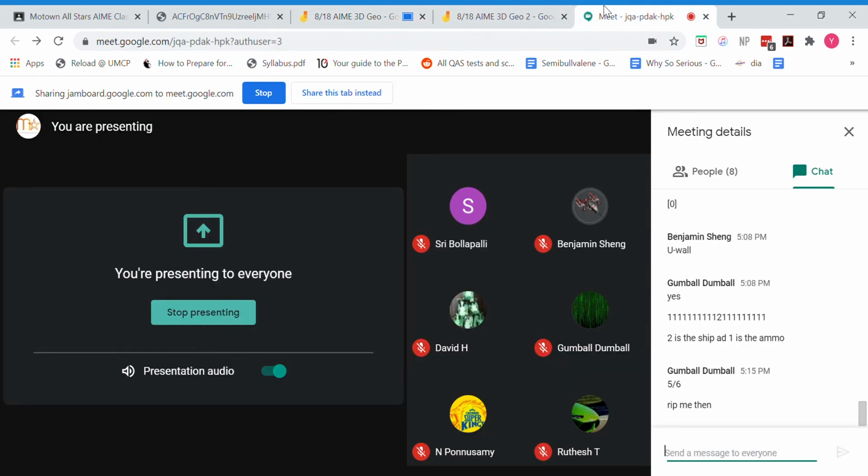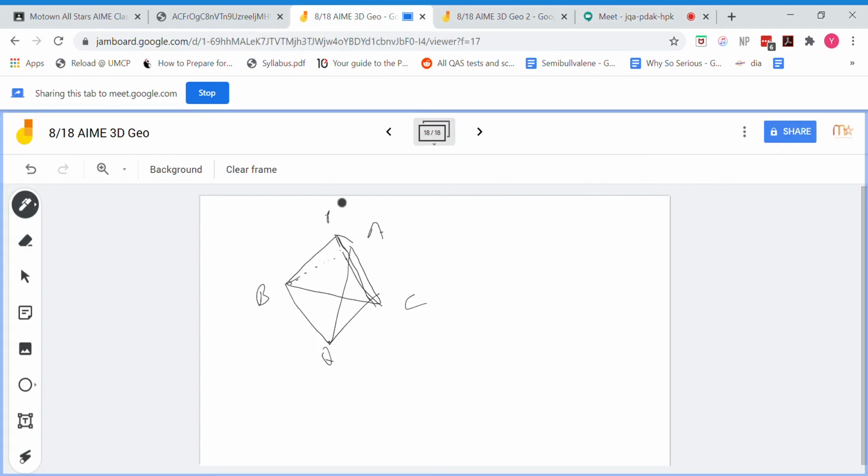So anyways, we have P, and if we drop the altitude from P, ABC is an equilateral triangle, right? So it has a centroid, and so obviously dropping the altitude from P is going to land right on the centroid. It should be landing right in the center of the triangle. And same with Q. Because QA equals QB equals QC, and because PA equals PB equals PC, the two should meet at the centroid.